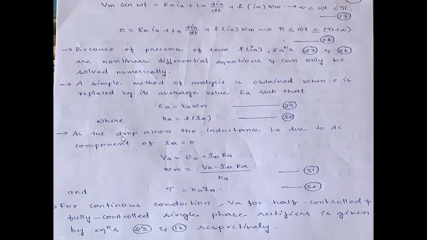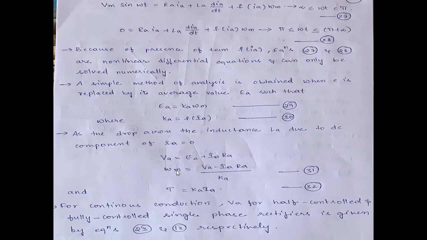As there is no drop across the inductance due to the DC component of the current, if you apply KVL, VA is equal to EA plus IA RA. In place of EA, I am putting Ka into omega m, so VA equals Ka omega m plus IA RA.